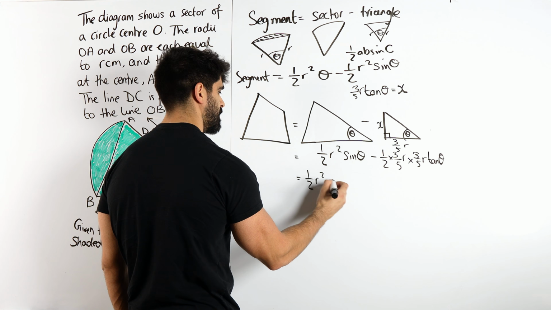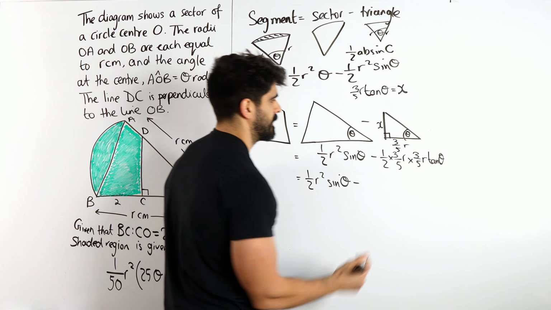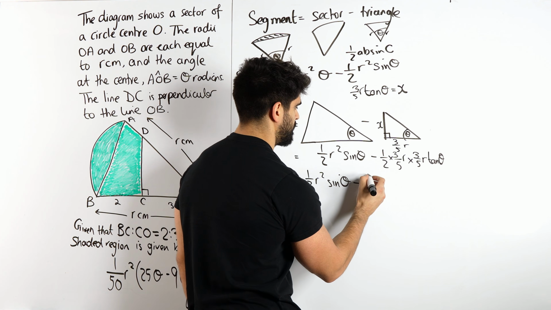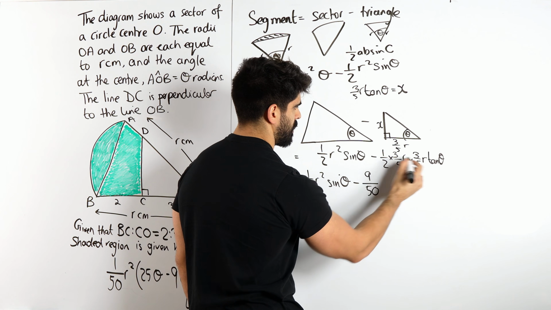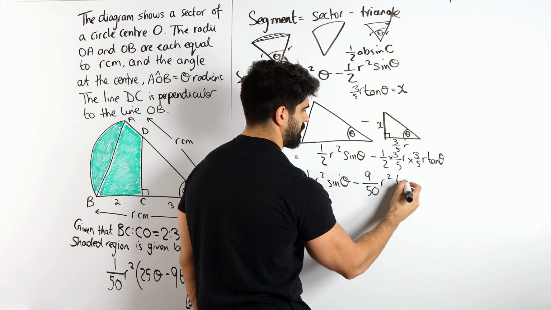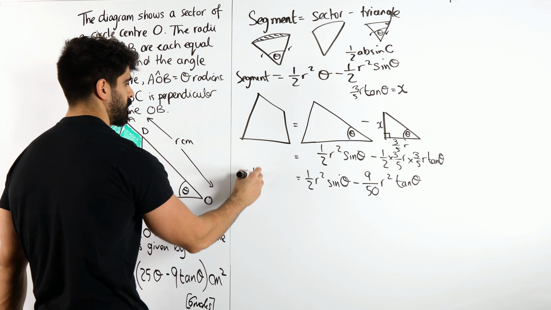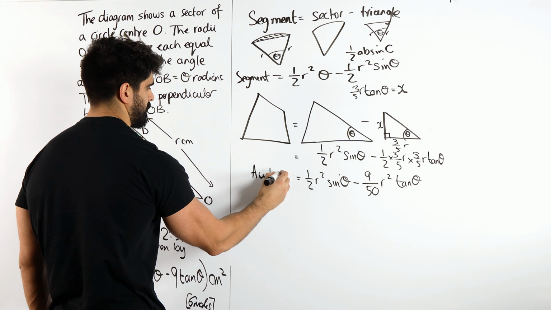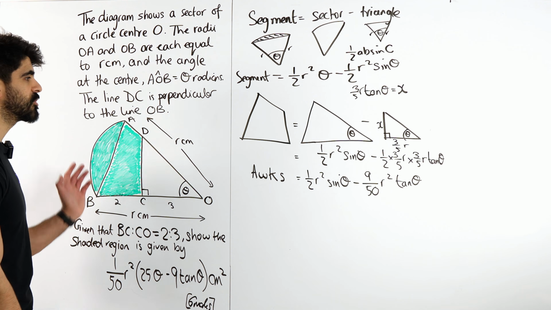Half R squared sine theta minus 1 times 3 times 3 is 9, over 2 times 5 times 5 is 50, R squared, then we get tan theta. I'm going to call this one AUX. That's the awkward area.